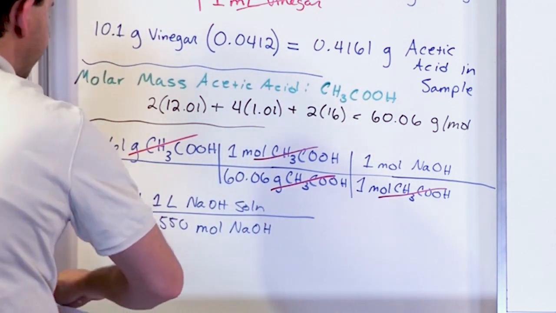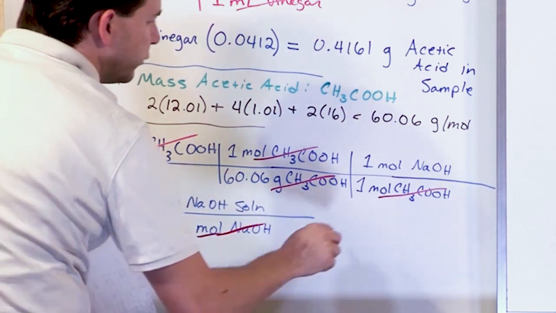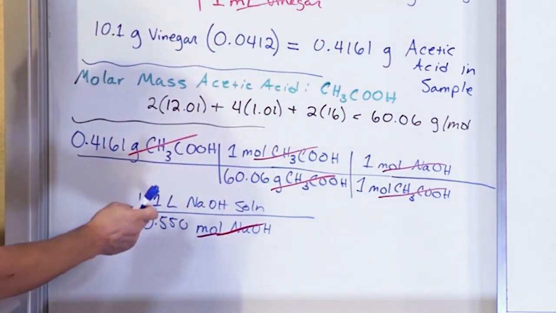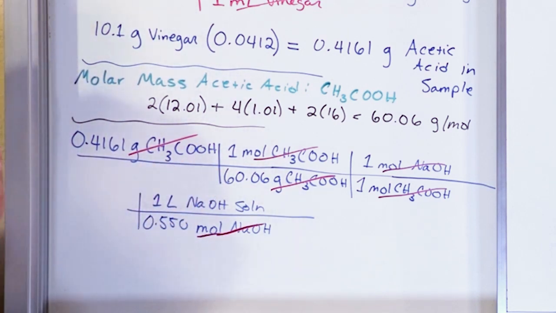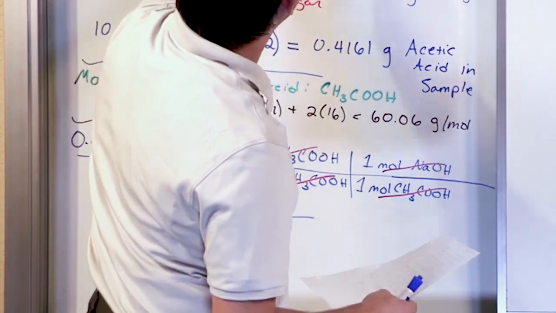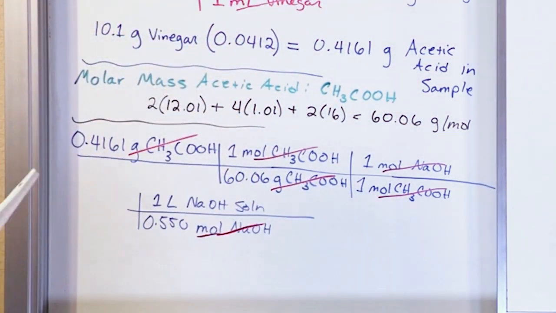And I arranged it like this so I could cancel moles of sodium hydroxide with moles of sodium hydroxide. Now, if I stop the calculation, the only unit I have left is liters of sodium hydroxide solution. And that's exactly what I was asked. I was asked what volume of sodium hydroxide solution is needed to titrate, and so on.